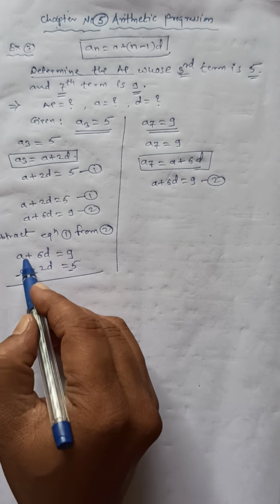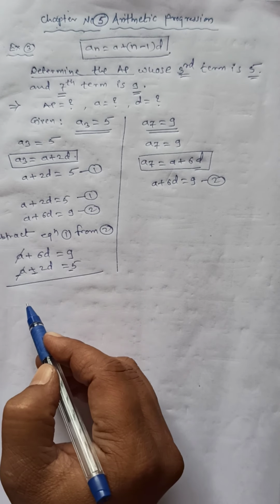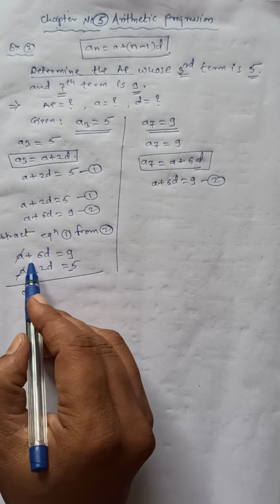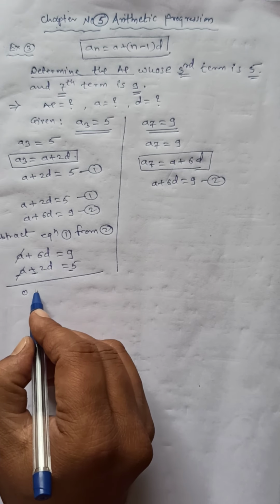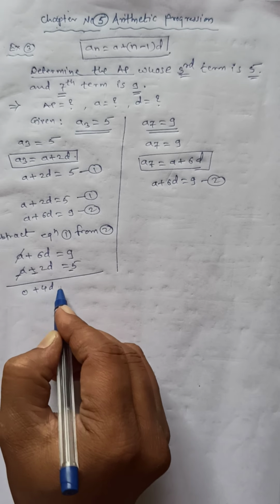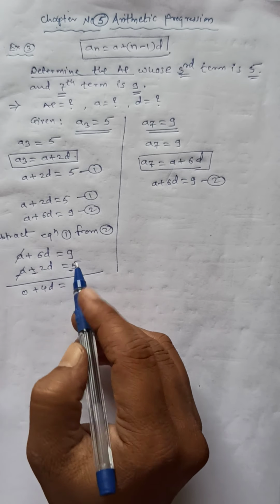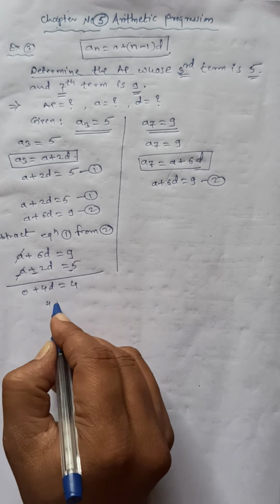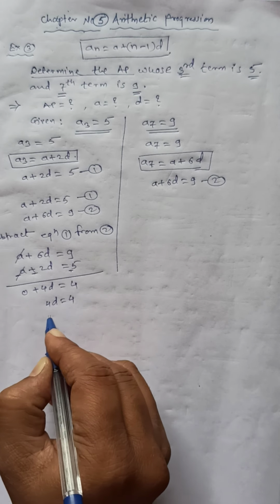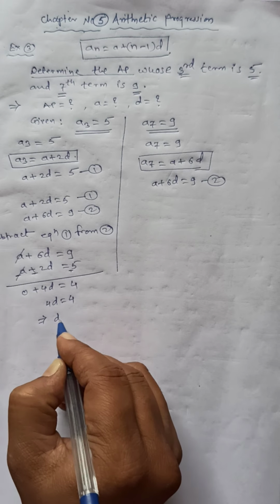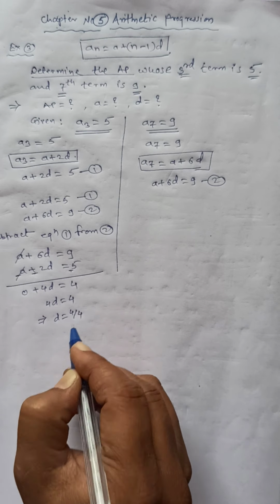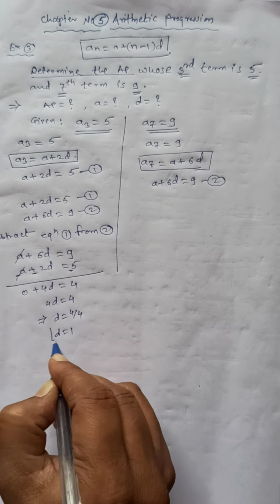So a minus a cancels, it is eliminated, that is 0. Plus 6d minus 2d is 4d, which is equal to 9 minus 5, 4. So 4d is equal to 4. Therefore d is equal to 4 upon 4, d is equal to 1.